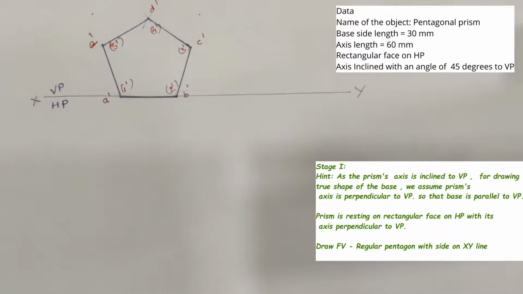After that, locate the center of the pentagonal prism's base in front view. For that, draw two perpendicular bisectors for two adjacent sides.